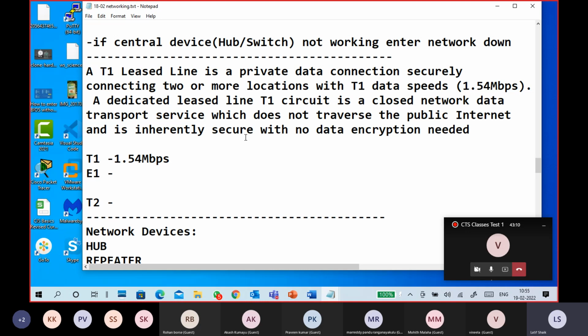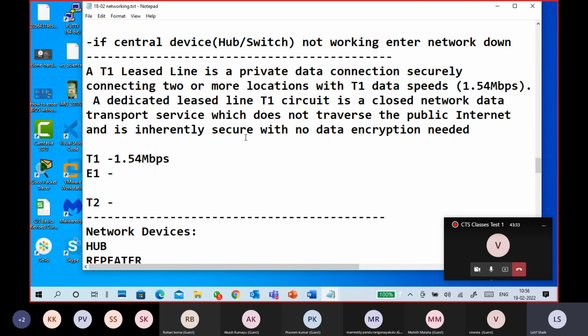So obviously, if they want to put a dedicated server in the Pune office, now we have to take a leased line. Leased line is costly, the cost effect is more. So to reduce that, we can use the VPN. Okay, so VPN will come up. Leased line we cannot put everywhere.